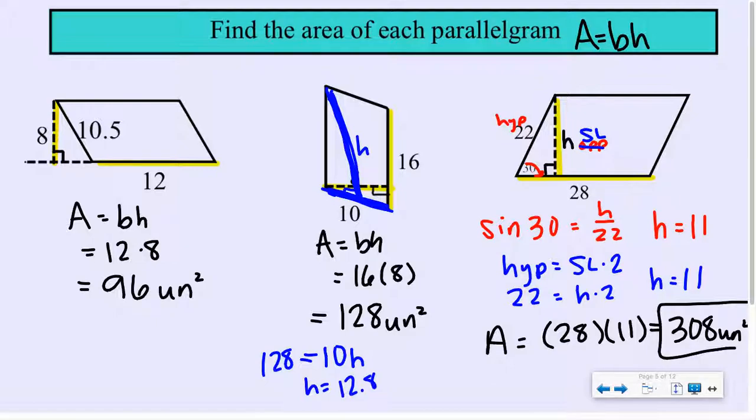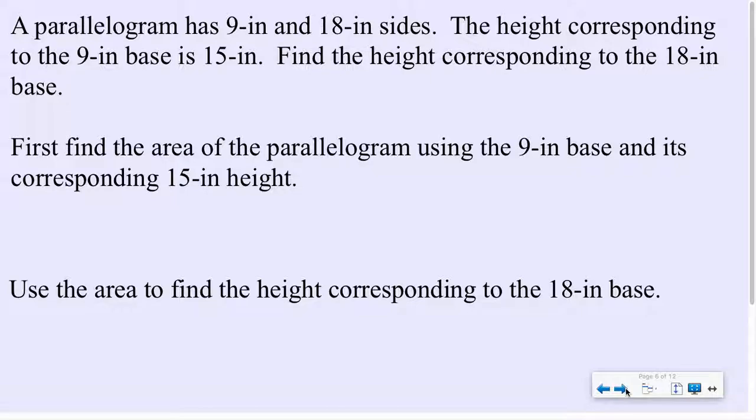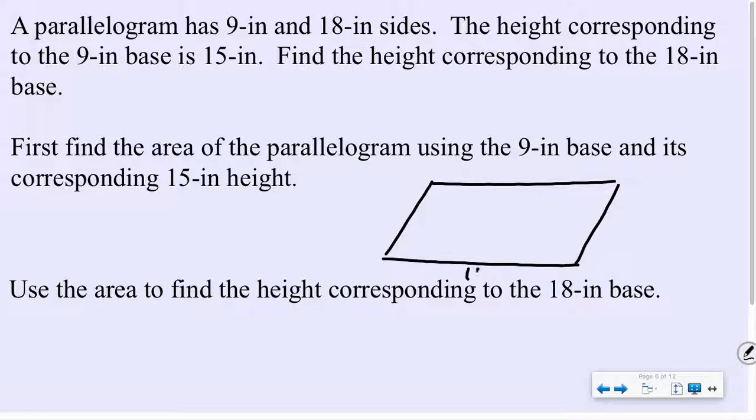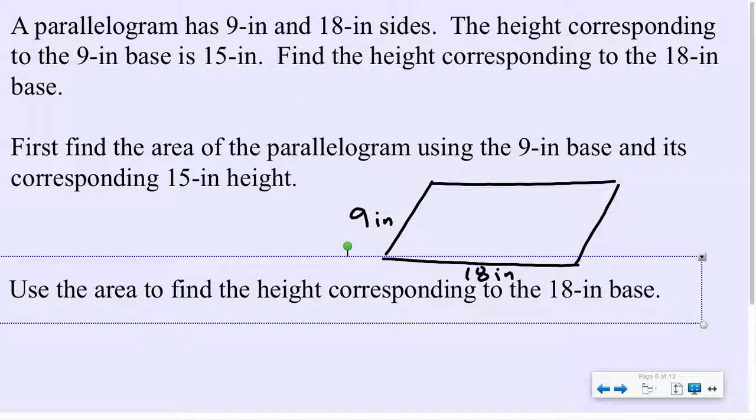Okay, so on this next question, you're going to have to try and find that missing height, the one they don't give you. So start by drawing a picture of a parallelogram somewhere in that space, either above or below the words there. And it says it has 9-inch sides and 18-inch sides.